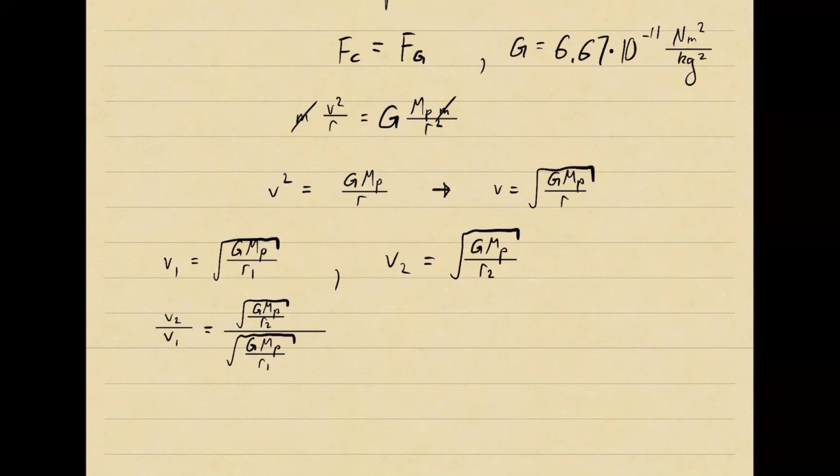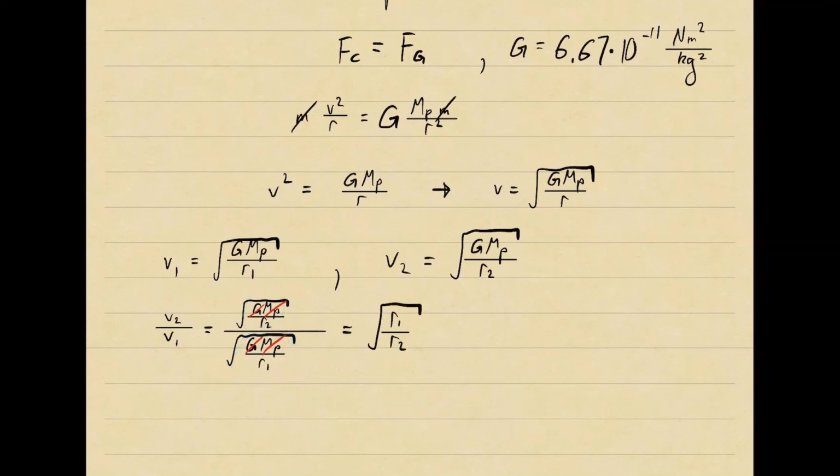So when we do this, the square root of g cancels out. The mass of the planet cancels out. And this boils down to the square root of r1 divided by r2, because up top stays the same and then we have to basically flip the bottom.